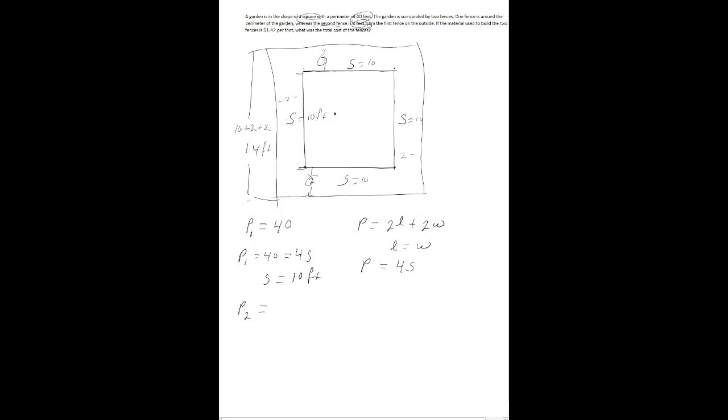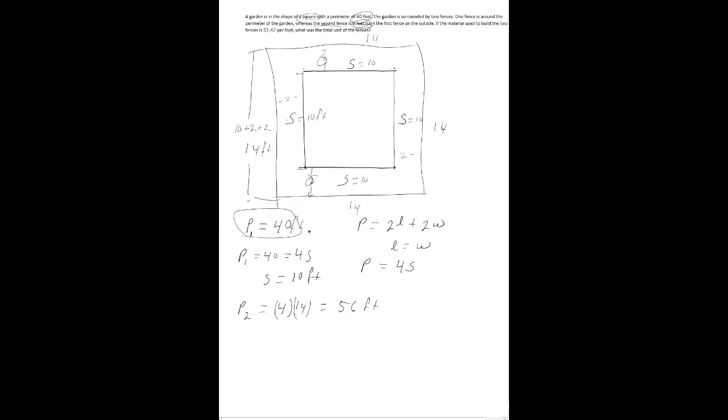So the perimeter of the outside square is going to be 4 times 14, or 14 plus 14 plus 14 plus 14, which is 56 feet. So we know the perimeter of the second one is 56 feet, and the perimeter of the first fence is equal to 40 feet.